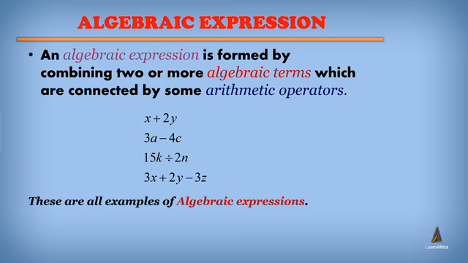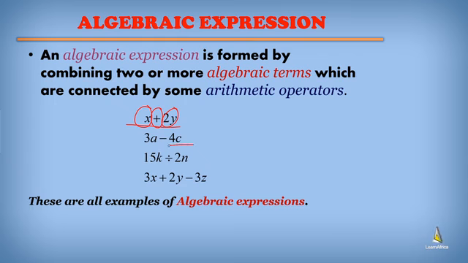Here we have an algebraic expression, x plus 2y. You realize that we have x being an algebraic term and 2y, another algebraic term connected together by an arithmetic operator, plus. Okay, so that is an algebraic expression.